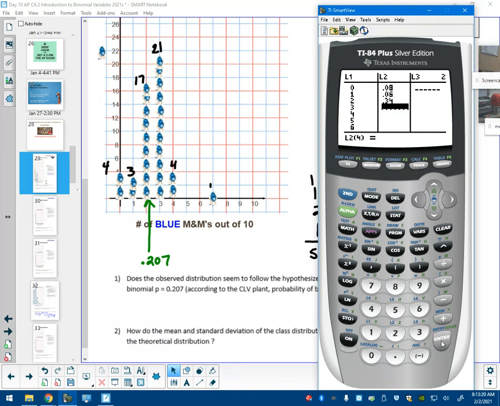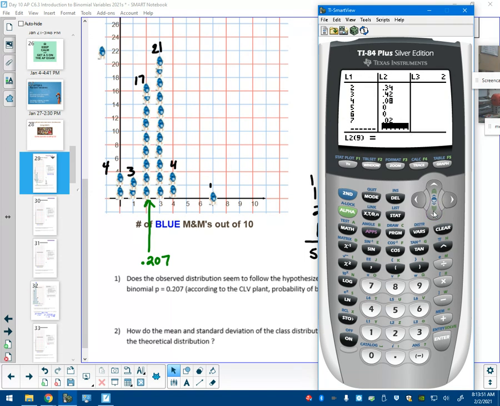And we had 21 3s, 21 divided by 50. And we had 4 4s. We didn't have any 5s or 6s, but we had 1 7. So that's what you should get as your distribution if you put it into the probability distribution.